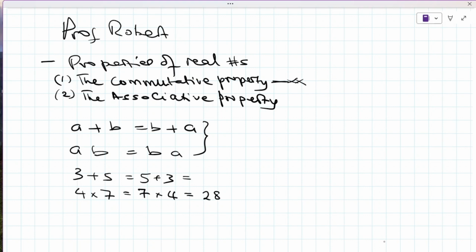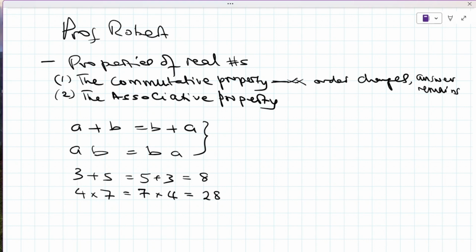And of course, this will equal to 8. So the key thing to note here is that the order of the numbers changes, but answers stay the same. So with the commutative property, the order changes, but the answer remains. It doesn't change.